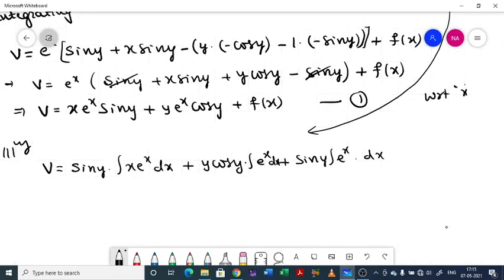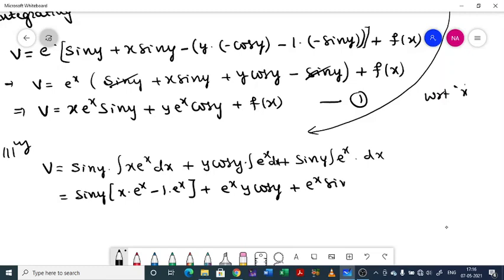Now it will be sin y times first function x into integral of second function minus derivative of first function integral of second function plus e power x y cos y plus e power x sin y.